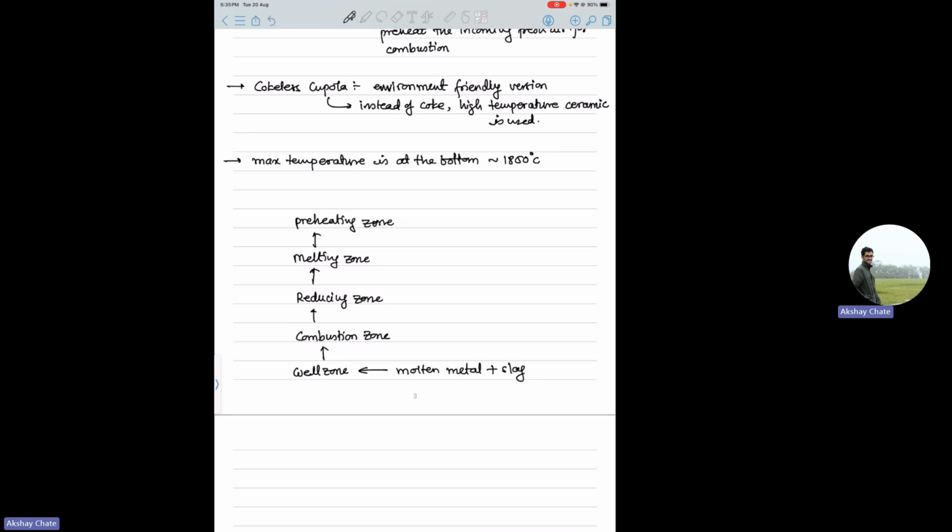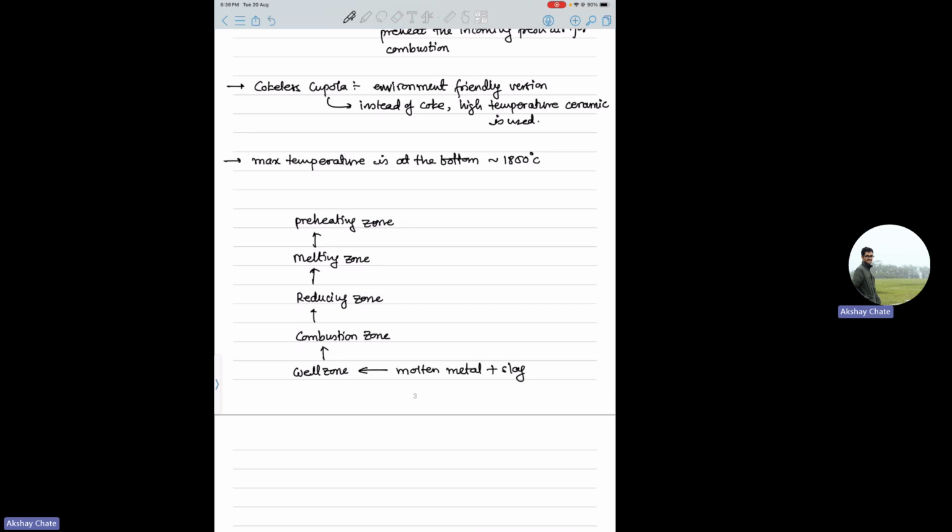And then above the preheating zone, there is something called the stack.